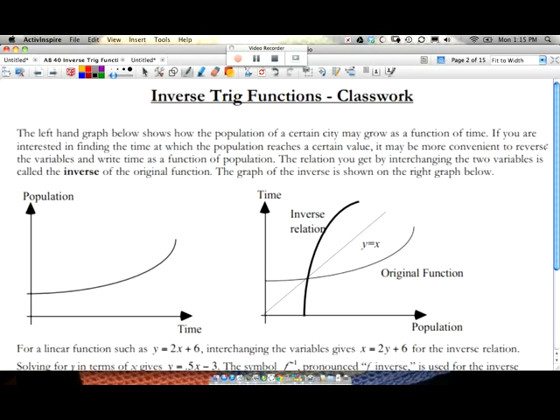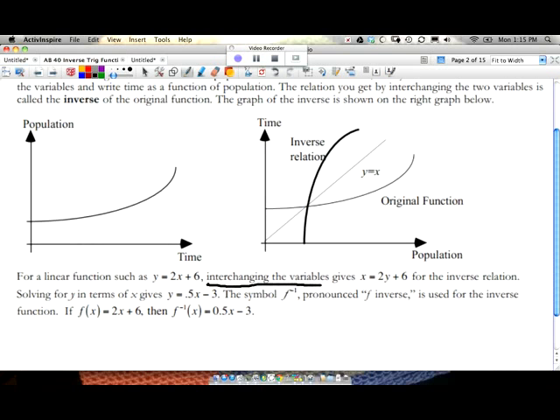With inverse, right here, we're interchanging the variables. So y and x just change places. When I have y equals 2x plus 6 to start with, that turns into x equals 2y plus 6. Okay, so I got that. If f of x equals 2x plus 6, that's like y equals 2x plus 6, but to switch it around, I say x equals 2y plus 6.